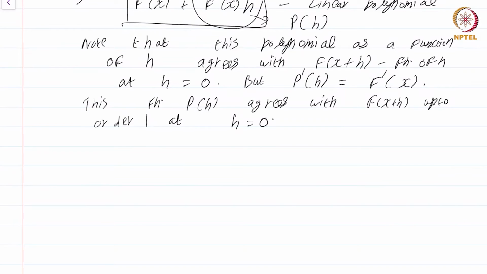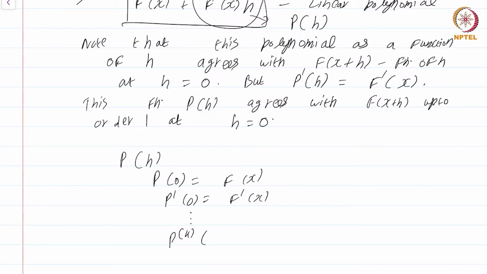What we want is a polynomial p of h with the property that p of 0 is f of x, p prime of 0 is f prime of x, dot dot dot, the kth derivative of p at 0 is the kth derivative of f at x.